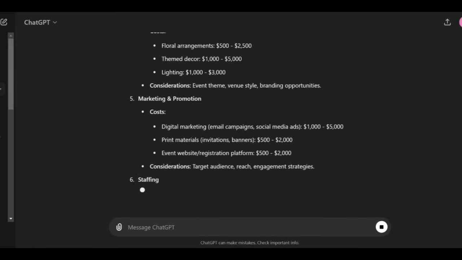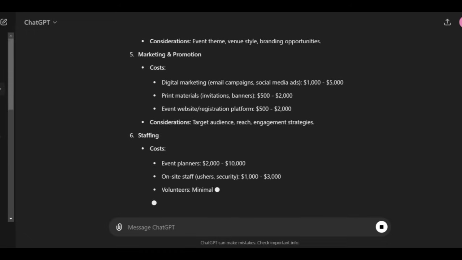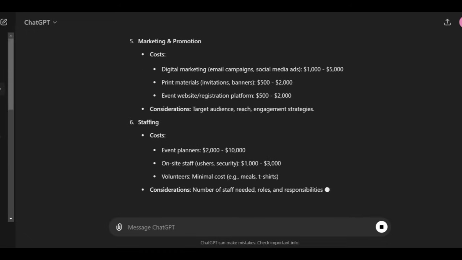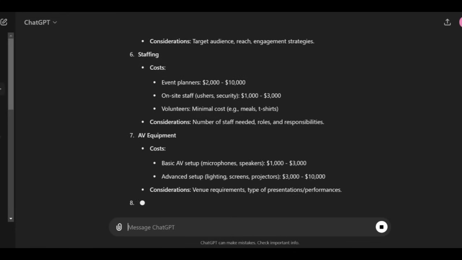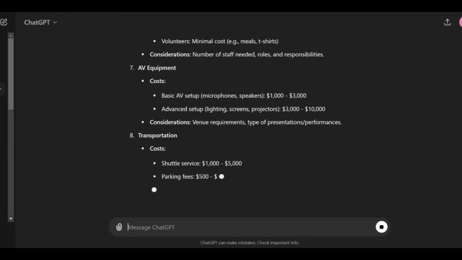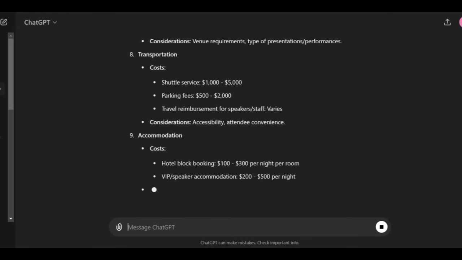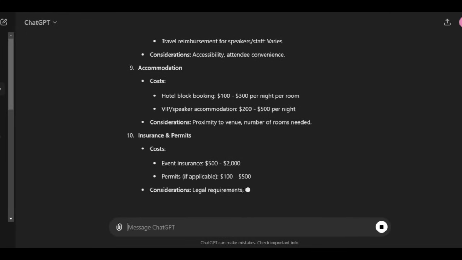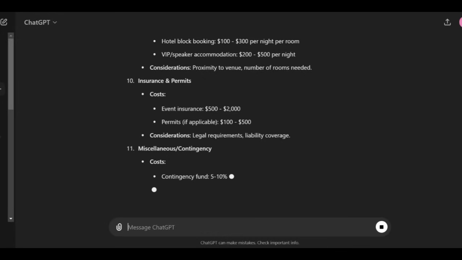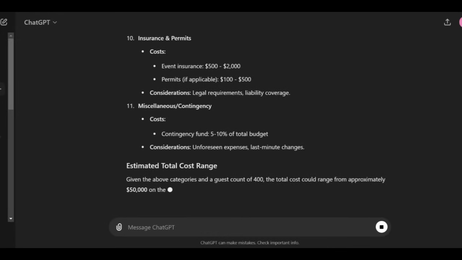And here it adds some topics that we forgot about: equipment, staffing, transportation, maybe even accommodation. And in the end, it gives us an estimated total cost range.